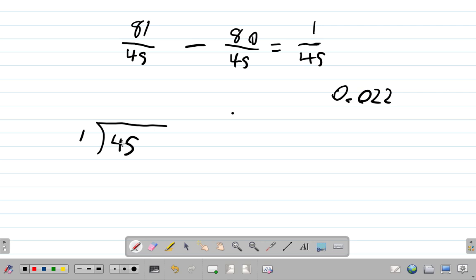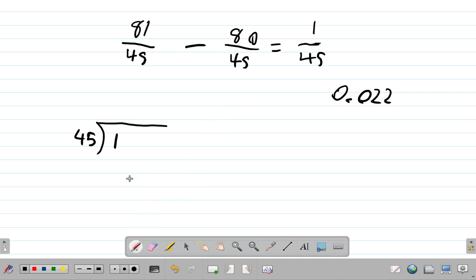No, it's 1 into 45. 45 is larger. Oh, my mistake. I should have the 45 outside. Right, that's good. Because I'm having 1 as the numerator and 45 as the denominator.